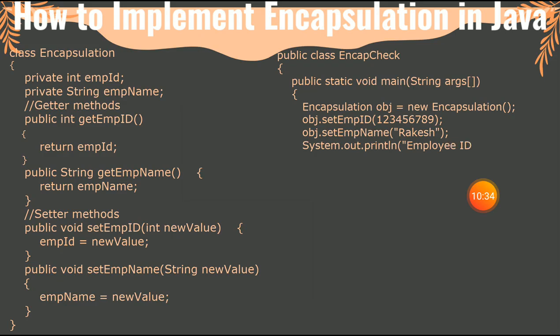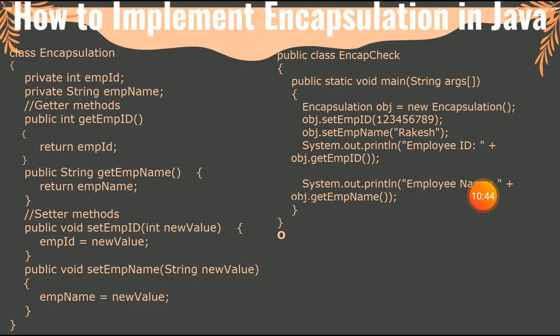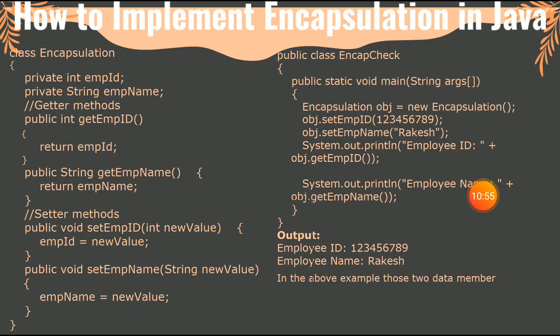Now we have to print it out, so System.out for the employee ID, and then System.out for the employee name, and the output will show the employee ID and employee name like this. So in the above example, those two data members, or data fields, are private and cannot be accessed directly.